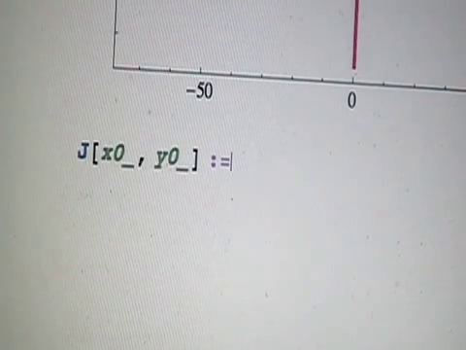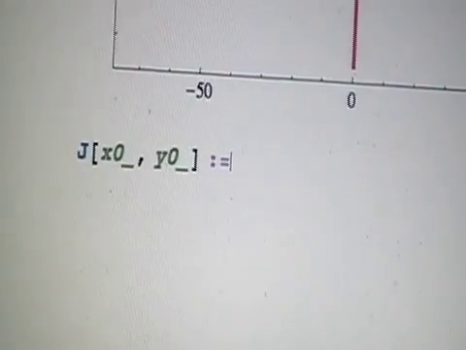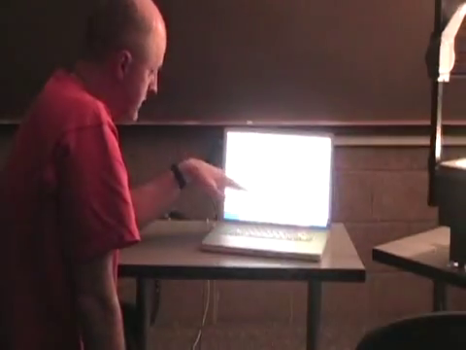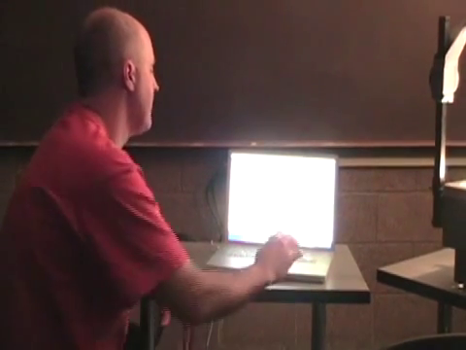I'm going to use the basic Math Assistant palette to enter a matrix. In the typesetting, there's a matrix button. And what is the Jacobian? You want the first row to be partial derivatives of the first component with respect to x and then with respect to y. And the second row to be partial derivatives of the second component, g, with respect to x and with respect to y.